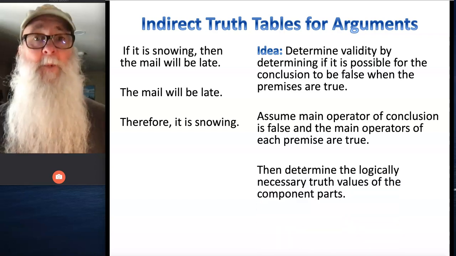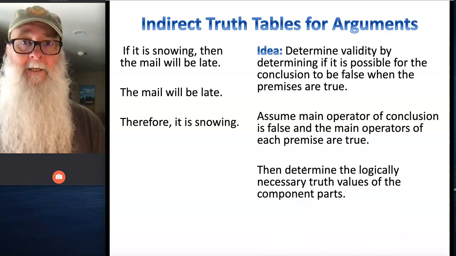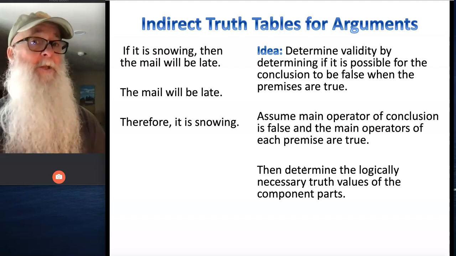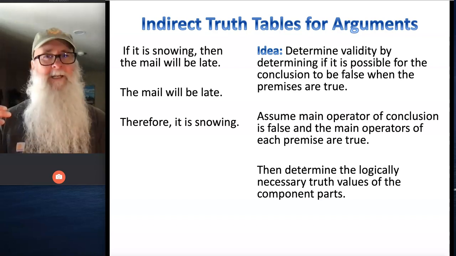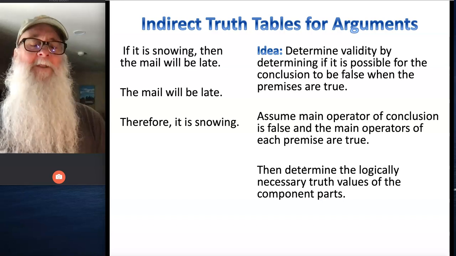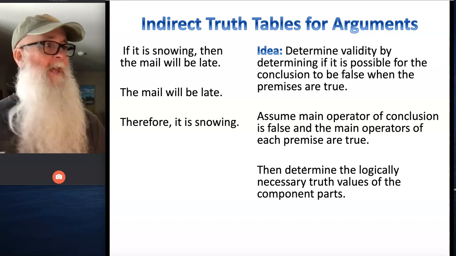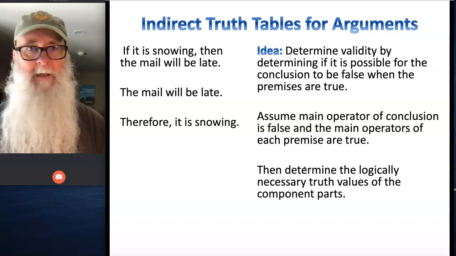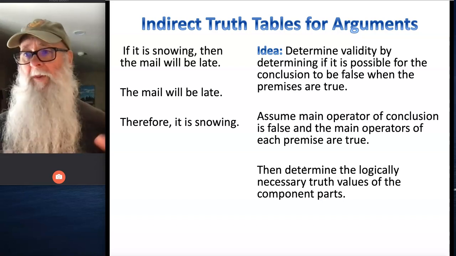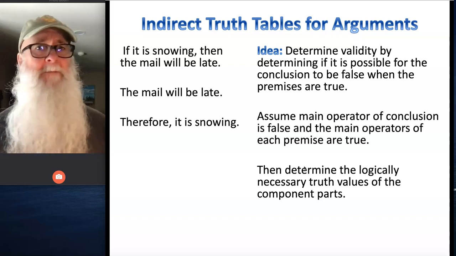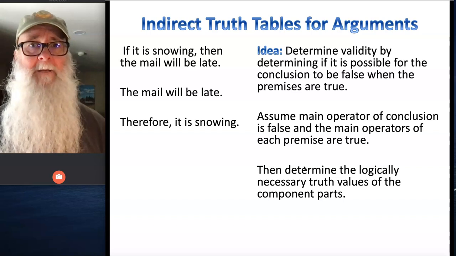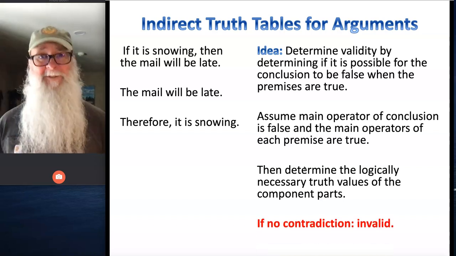And then we're going to determine logically necessary truth values based on those beginning assumptions. And if we can determine all of the logically necessary truth values without running into any contradiction, without breaking the rule of horseshoes, or without asking a single statement to be both true and false at the same time, then we will have proven this argument is invalid.